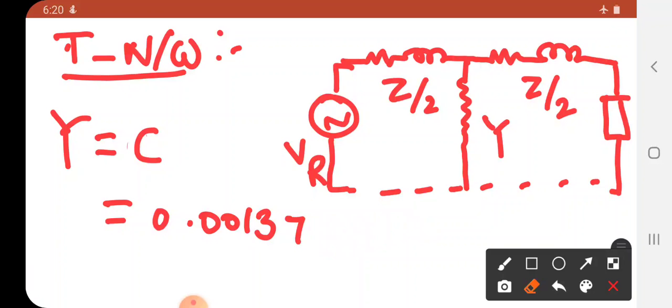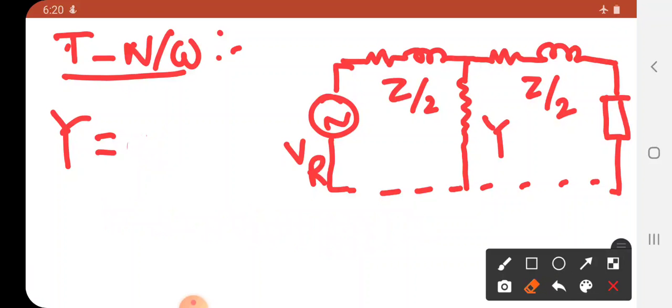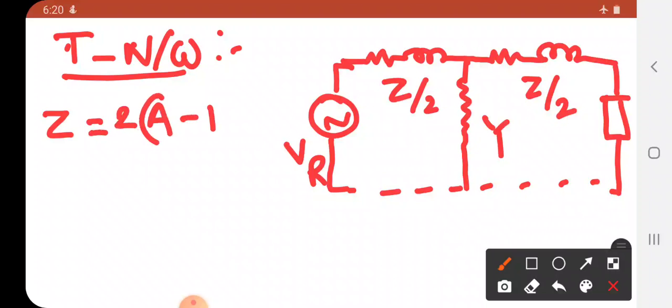Next one, what is Z? Z is equal to 2 into A minus 1 by C. Don't get confused, for nominal T and nominal pi just slight changes are there.